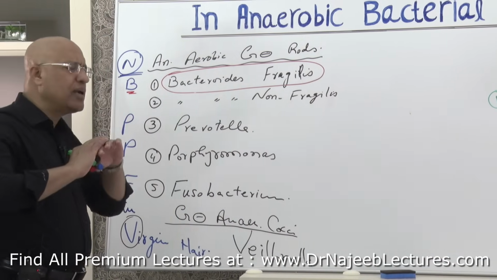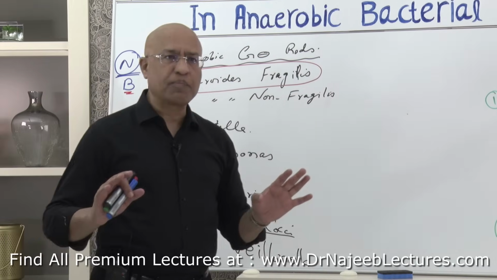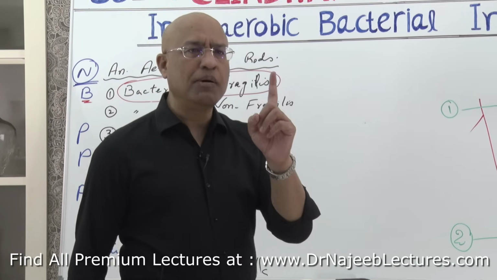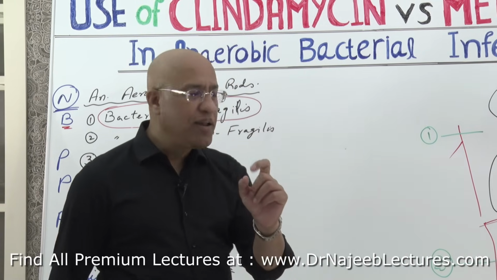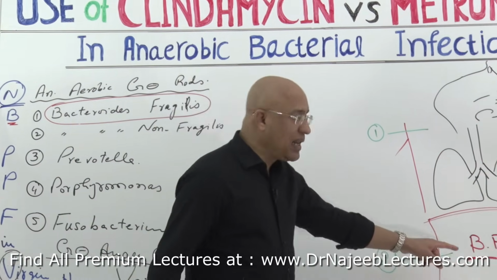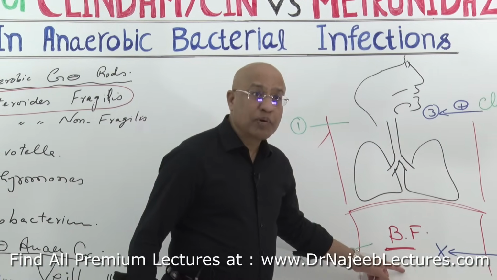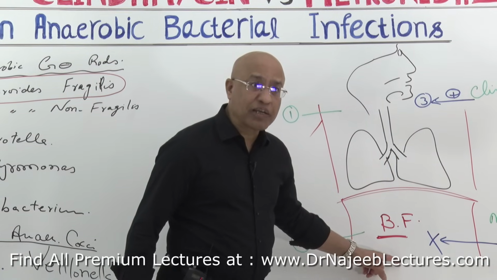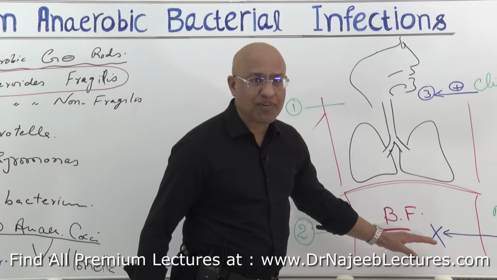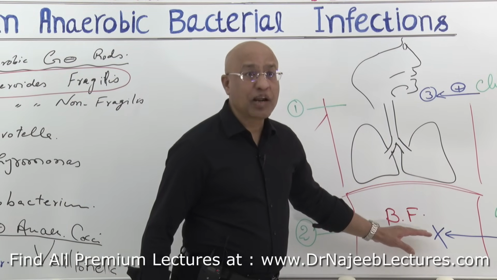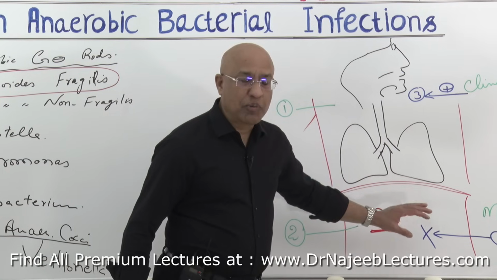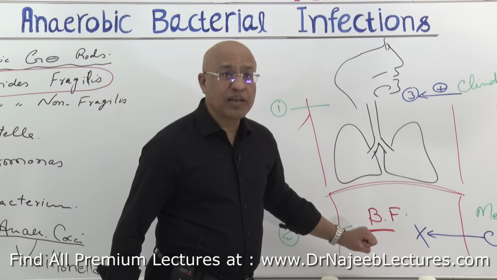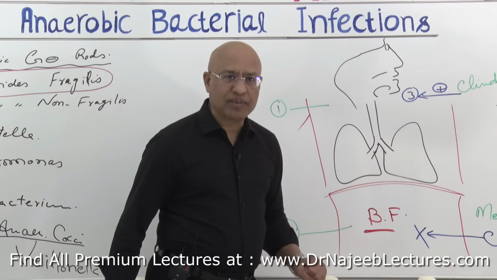If you don't remember anything about anaerobic bacteria, the minimum you remember is Bacteroides fragilis, boy, friend, commonly producing anaerobic infections below the diaphragm, right? Intra-abdominal abscesses, abdominal infections, even pelvic infections.